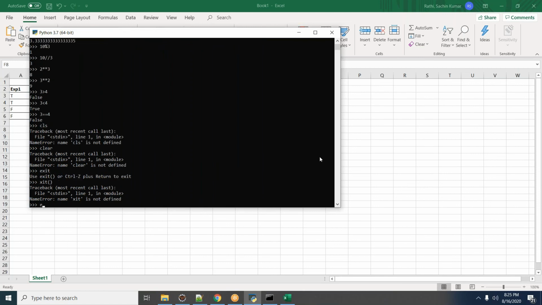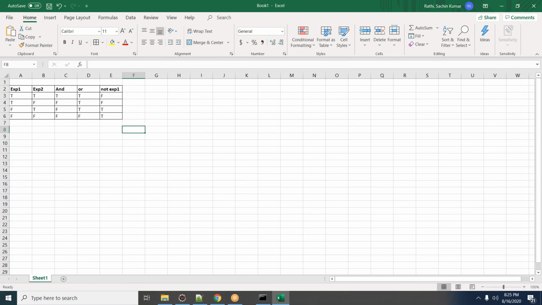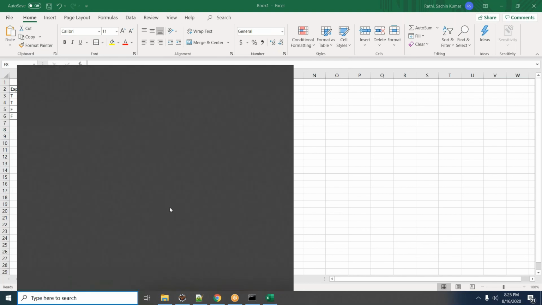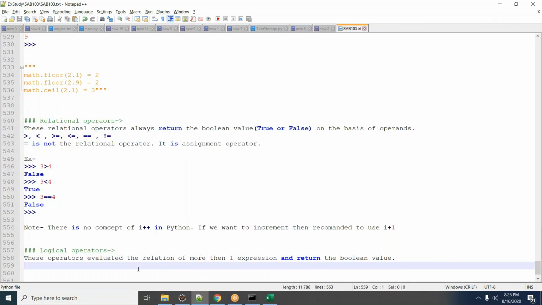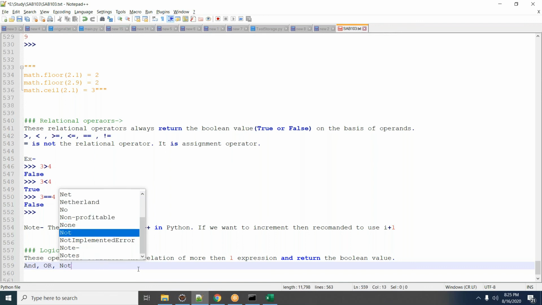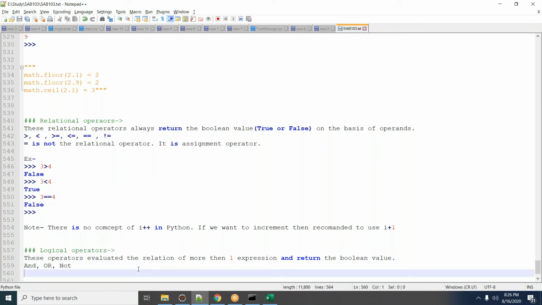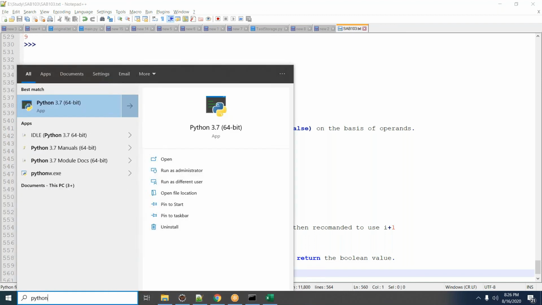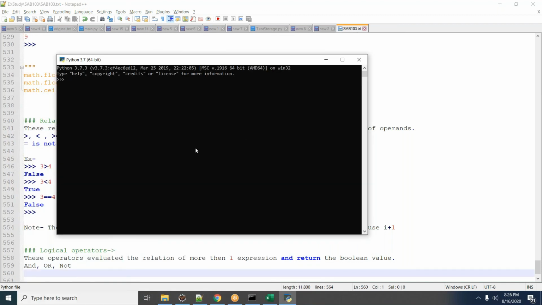This is Python. So now we know what the logical operators and, or, and not are, and we already discussed what they will return.